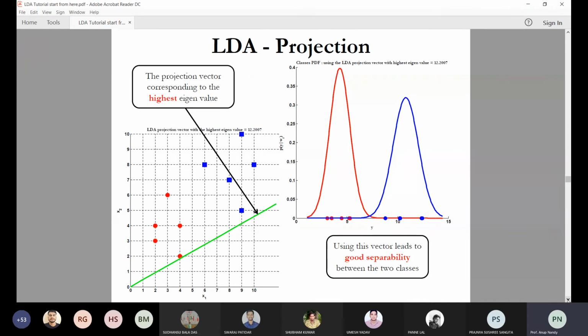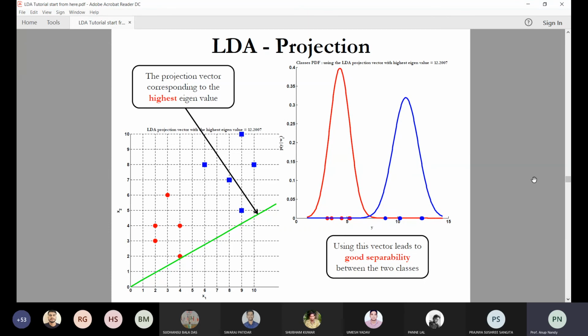this point is in 2D, but if you project it, it is in 1D. And if you see the 1D data, the red points are very clustered in one cluster, so you can easily fit these data points with some good distribution. Similarly for the blue points.